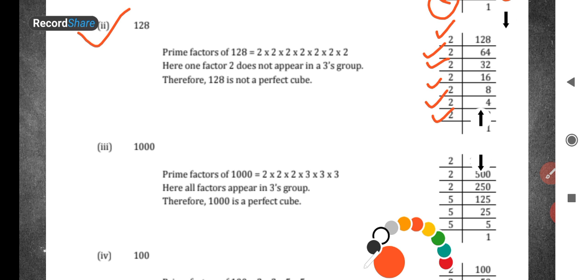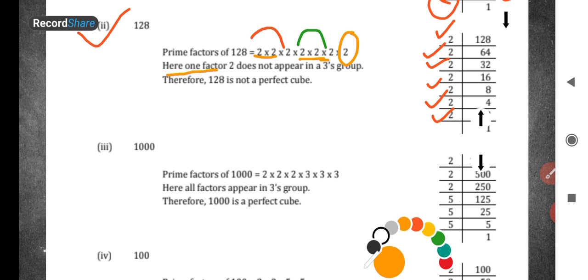So how much we got? All are 2s, isn't it? Now we have to check whether they are triplets or not. Now this is one triplet, isn't it? Now another, this is one more triplet. But now we can see that one 2 is left, and that is single. This 2 does not have a group, means it is not in a triplet group, isn't it?